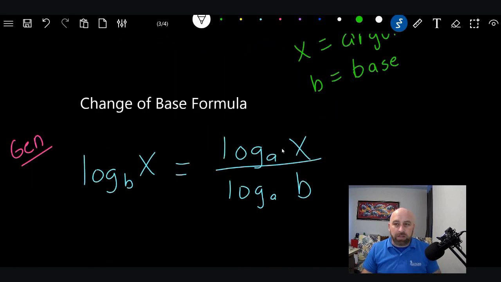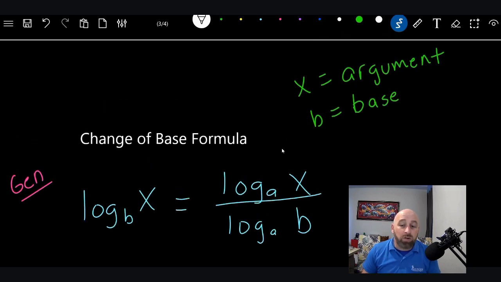The reason we need to use the change of base formula is because not every calculator can do this. A lot of the more expensive calculators, especially the graphing calculators, can. There's typically a button on some of them that says log and has a little box there, a subscript box, not a superscript.